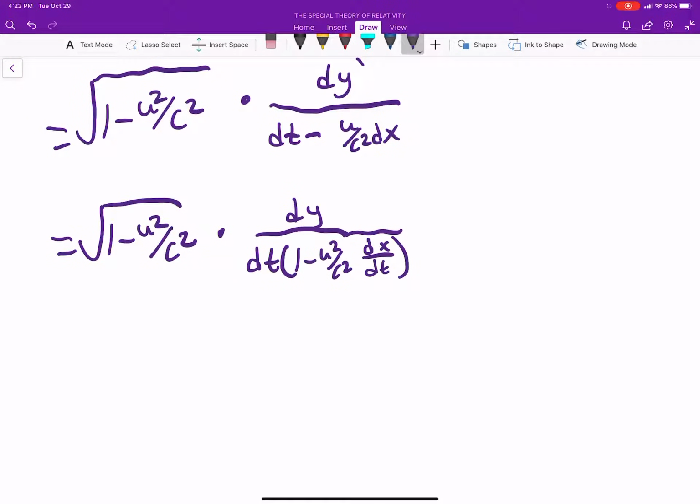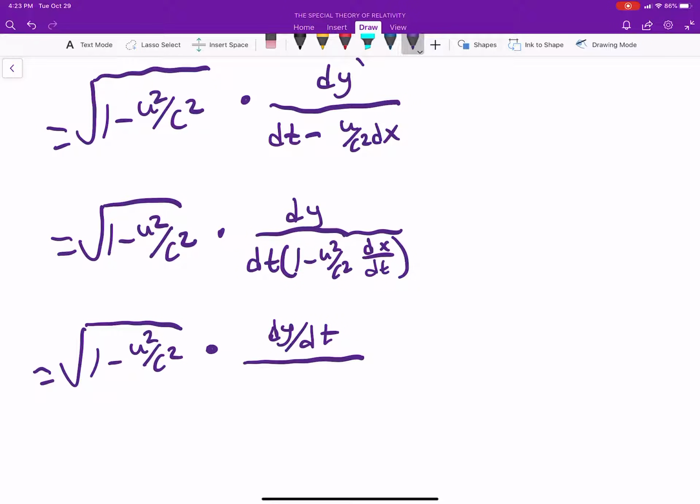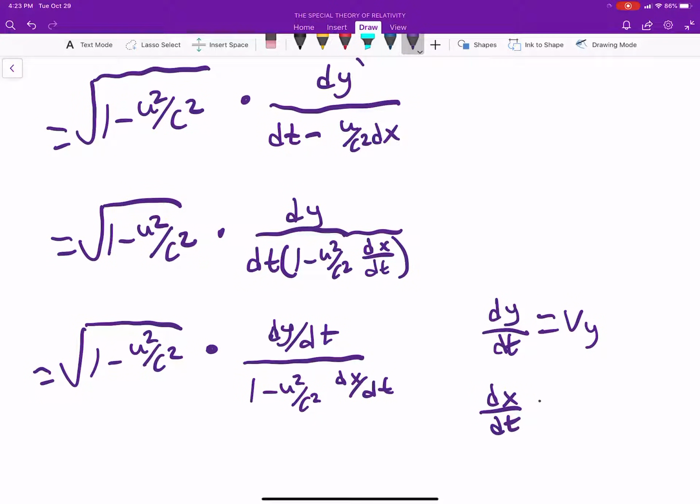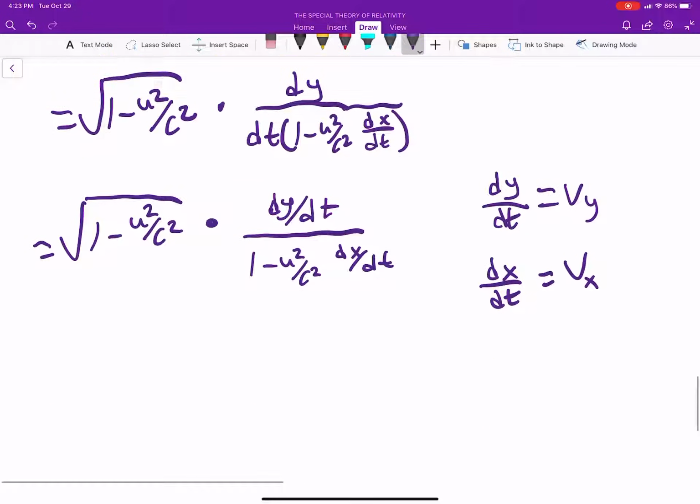Which is the same thing as the square root of 1 minus u squared over c squared times dy/dt all over 1 minus u over c squared dx/dt. Okay? Well, what's dy/dt? dy/dt is just vy. And what's dx/dt? That's just vx.